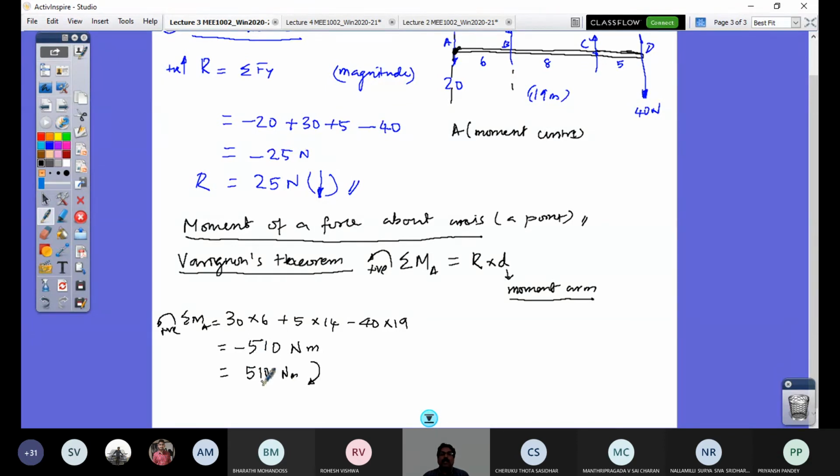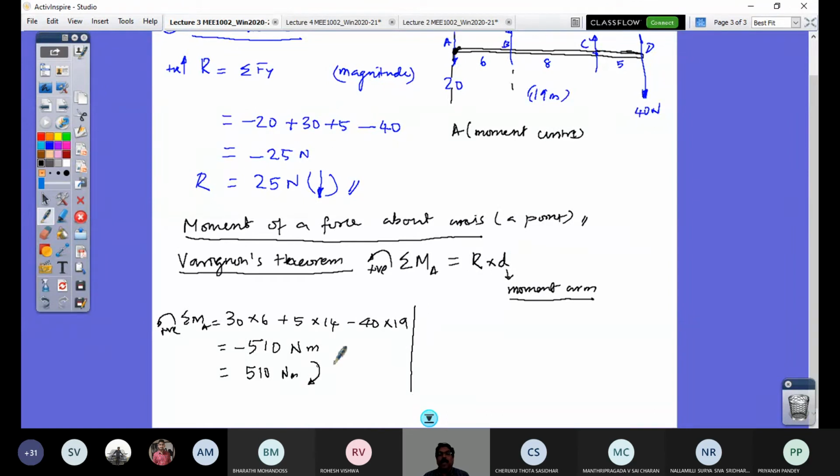So this we have calculated. Now you can use this value in Varignon's theorem. The left hand side is calculated, the right hand side magnitude I know, so I can find D. In this problem, there are moments for the 30 Newton, 5 Newton and 40 Newton forces. And for the resultant, the moment is at distance D from point A, which is what I'm going to find.